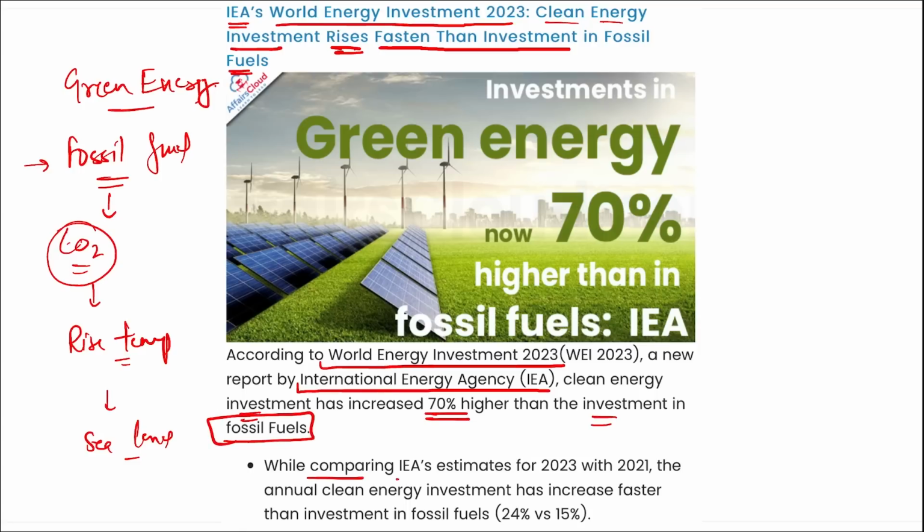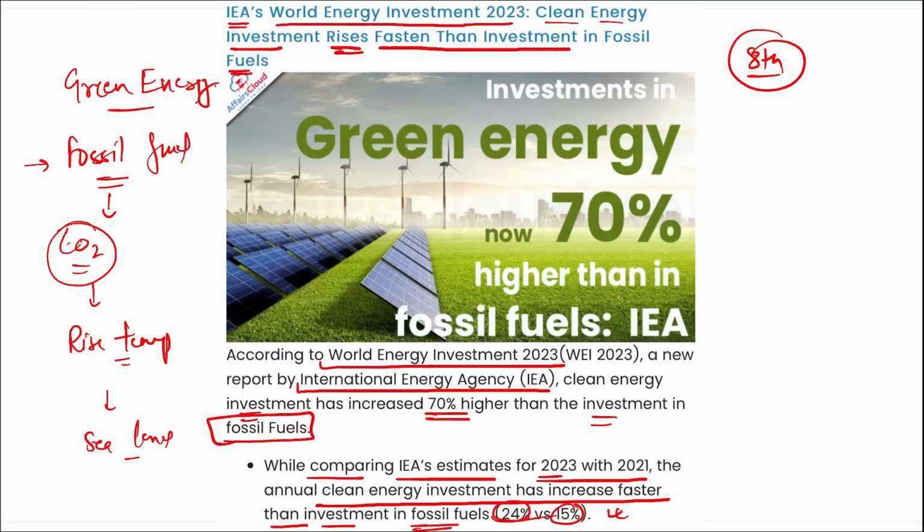Comparing IEA's estimate for 2023 with 2021, annual clean energy investment has increased faster than investment in fossil fuels, 24% with respect to 15%. This is the 8th annual report of the IEA, which provides the global benchmark for tracking capital flows in the energy sector.